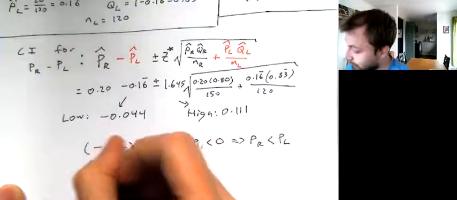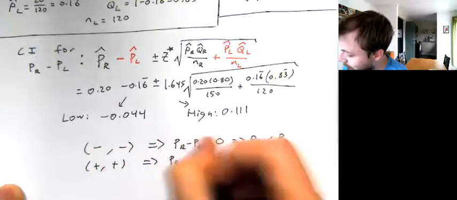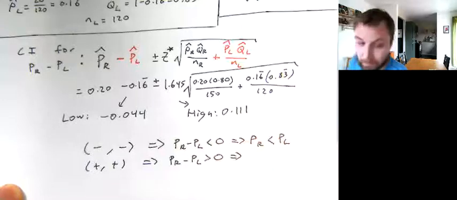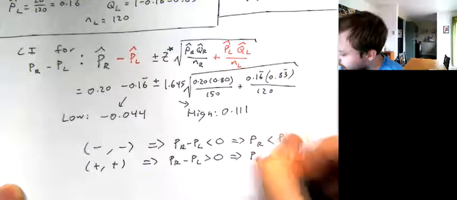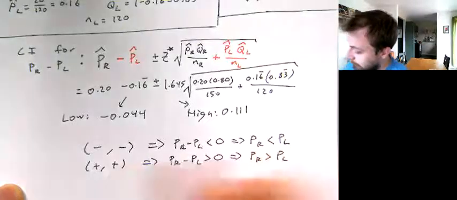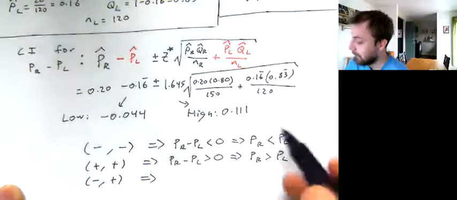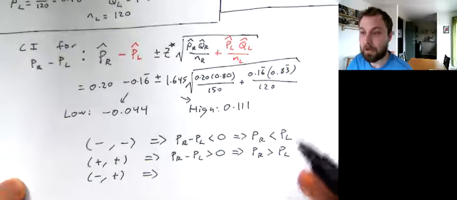If I end up with an interval that is positive for both the low value and the high value, well, I'll flip that. It's going to be greater than 0 if it's positive, moving the symbol to the other side. This tells you the first group is larger. And when you have negative and positive, I can't tell if the first group is larger or smaller because 0 is inside of my interval.